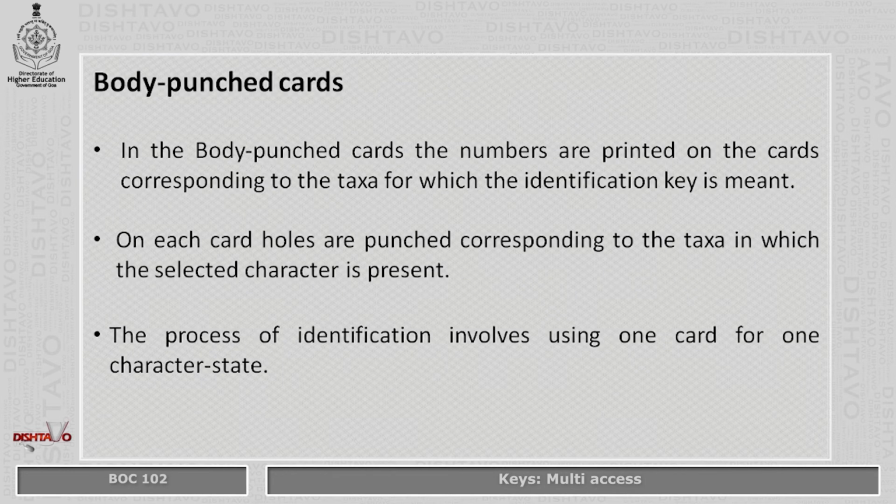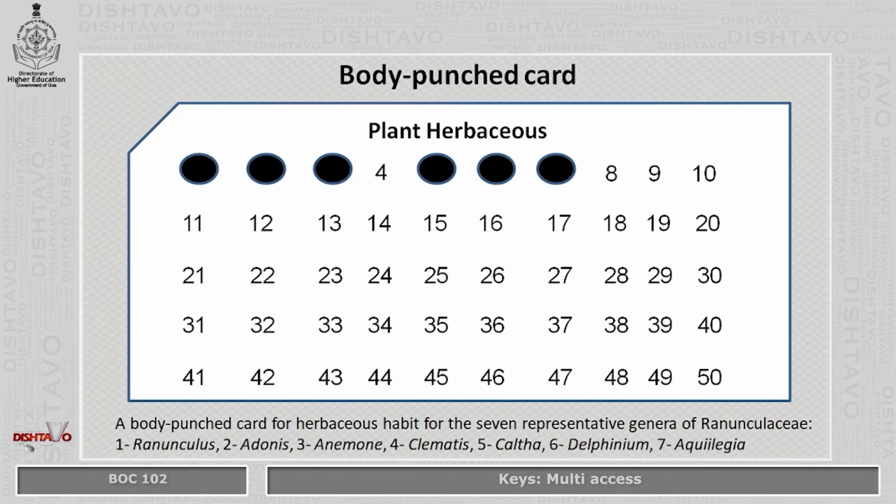In the body punch card, the numbers are printed on the cards corresponding to the taxa for which the identification key is meant. On each card, holes are punched corresponding to the taxa in which the selected character is present. The process of identification involves using one card for one character state. On this slide, you can see the image of the card, how it appears.